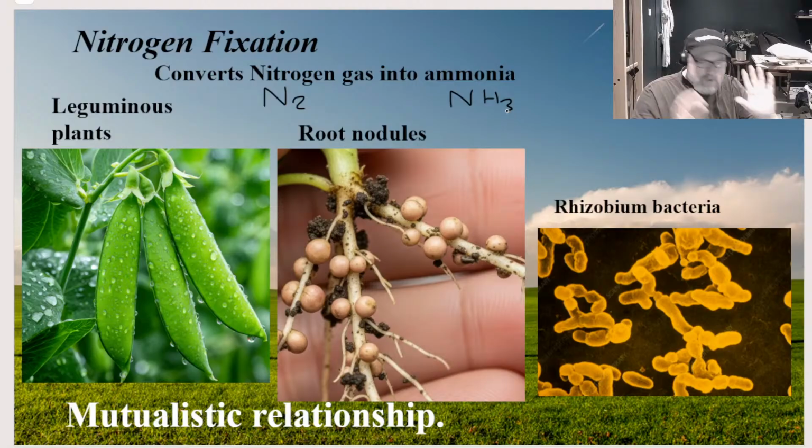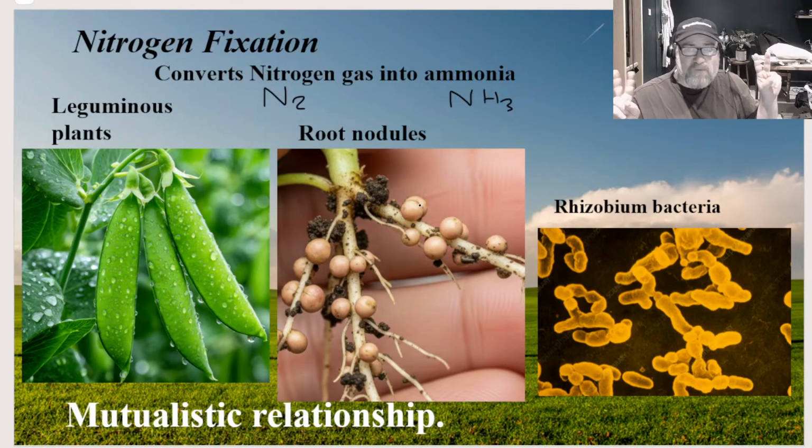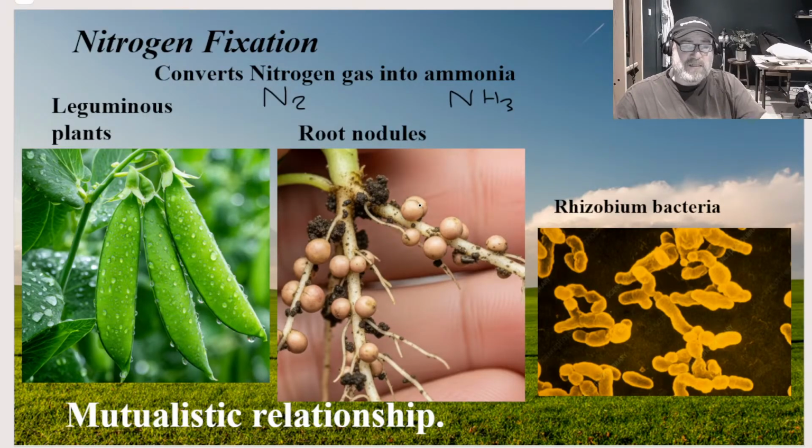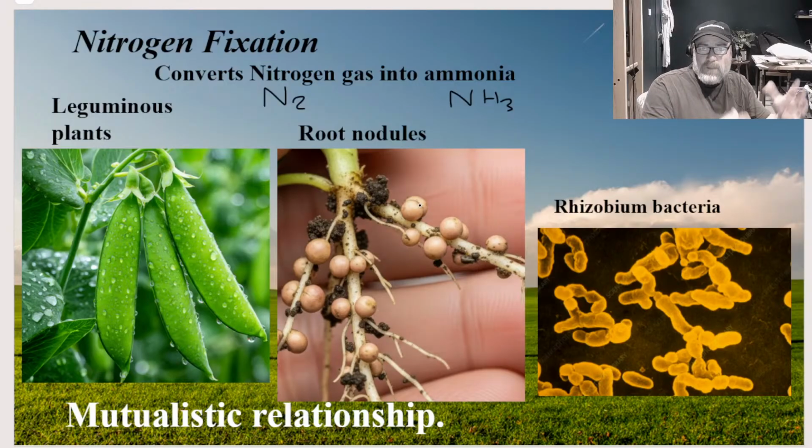Now, you have to understand, and you maybe have to apply your knowledge as to why this is a mutualistic relationship. So what is it that the bacteria get out of living in the roots of the plant? So the bacteria live here. Well, the bacteria get free carbohydrates. The plant is a specialist at doing photosynthesis and forming complex organic molecules like starch, amylopectin, amylose.